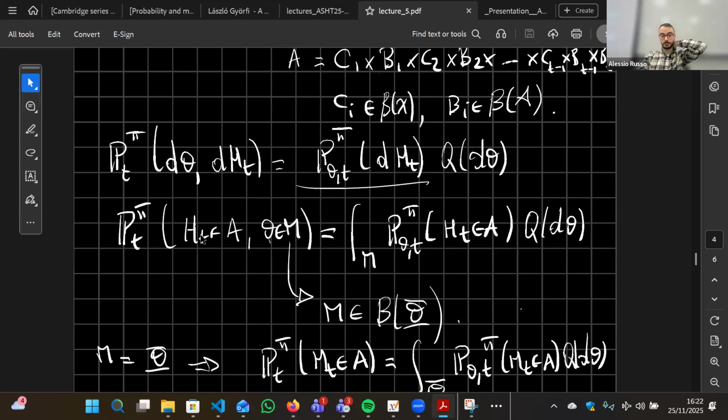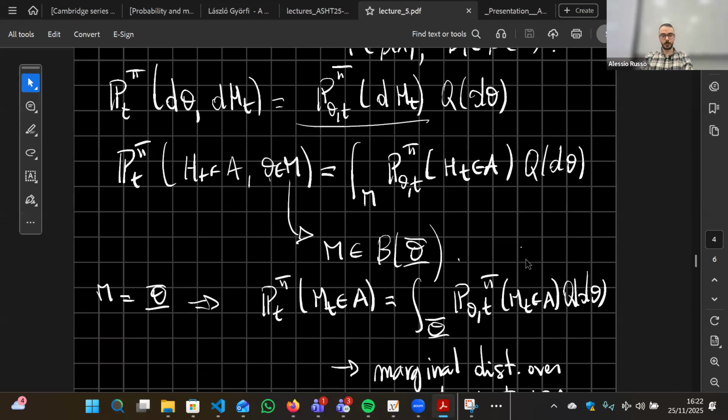The probability that the trajectory belongs to some set A and theta belongs to some set M is simply the integral over M of the probability that HT belongs to A for a fixed theta. So this is like a conditional distribution integrated over the prior.